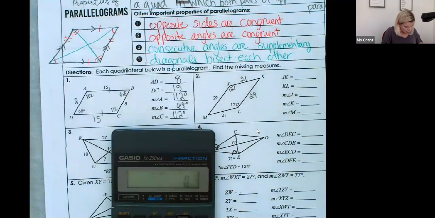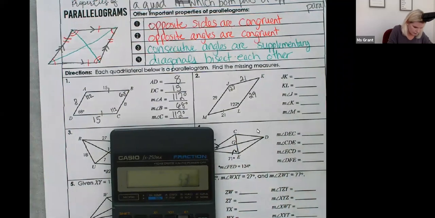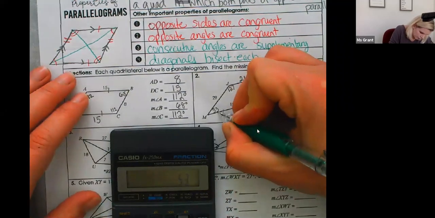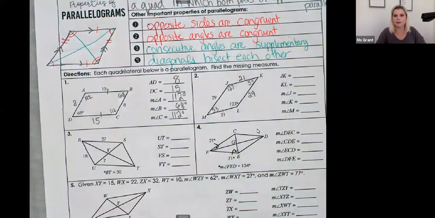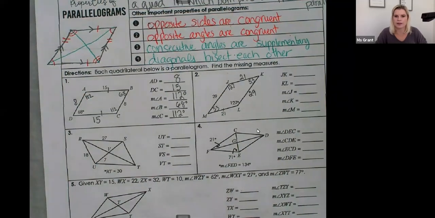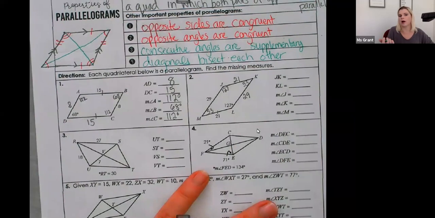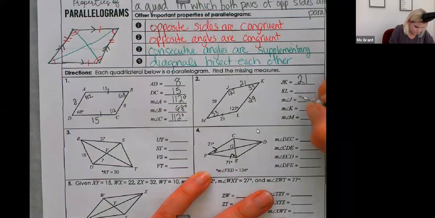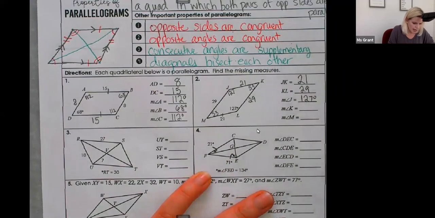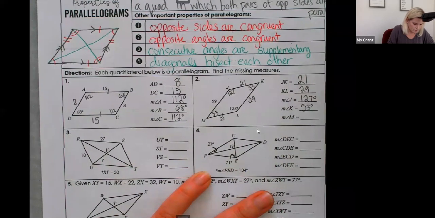So I'm going to do 180 minus 127. 53 degrees is M. That means that K is 53 degrees. I can literally fill in all of them now. Everything is done for me. And I practiced going through all of my properties, so it just makes it stick in my brain. J, 127 degrees. K, 53 degrees. M, 53 degrees.